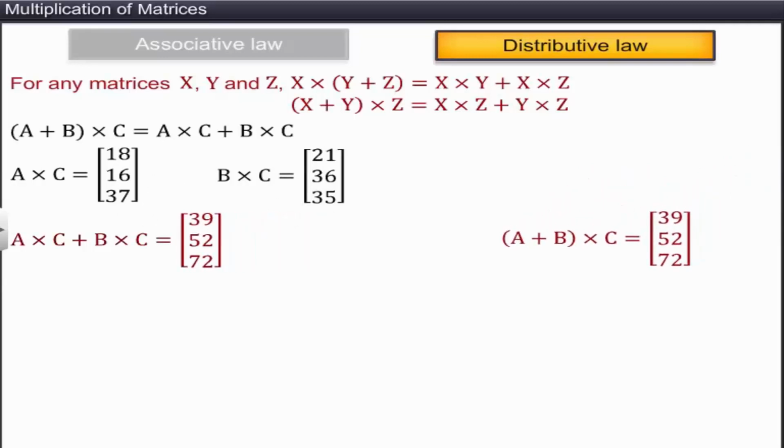Hence, the distributive law is applicable to the multiplication of matrices.